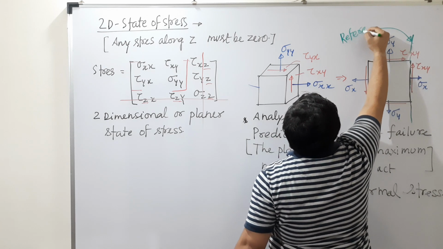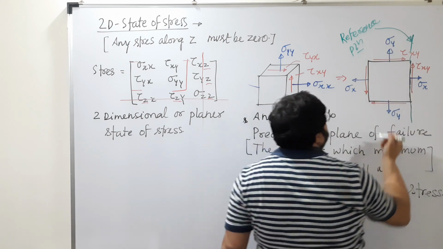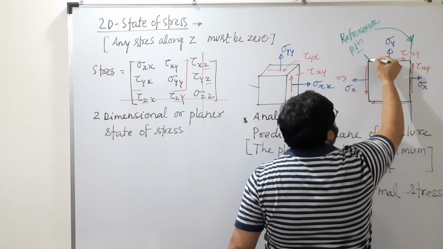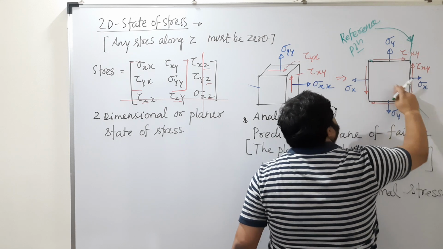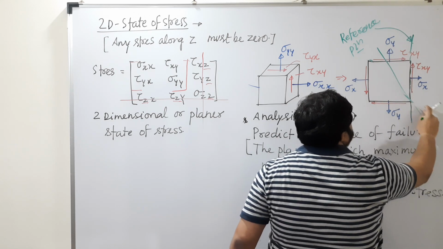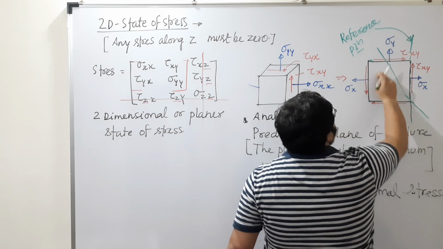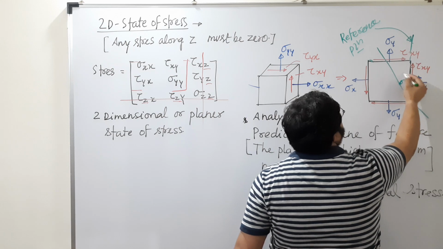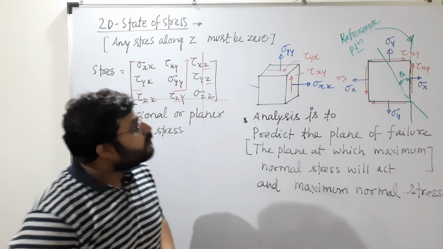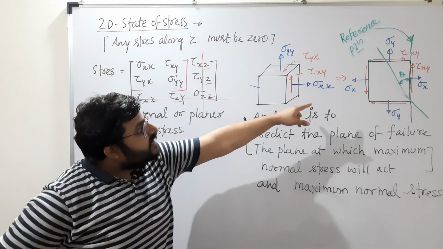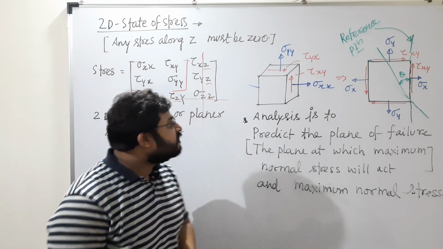Now we will cut a random section like this, at theta angle from the reference plane, and then we will see how much normal stress is acting on that plane. First we will get that normal stress as a function of theta.